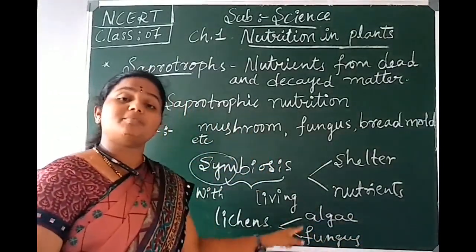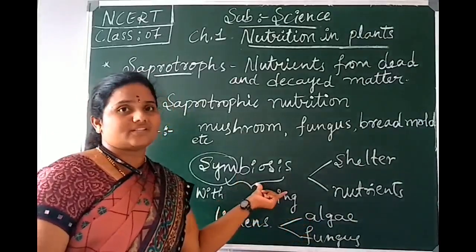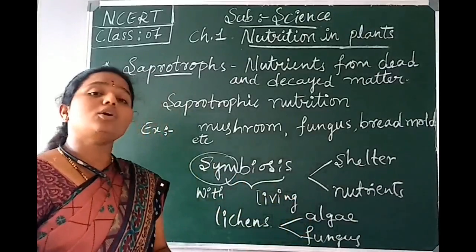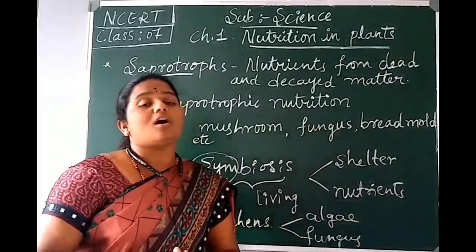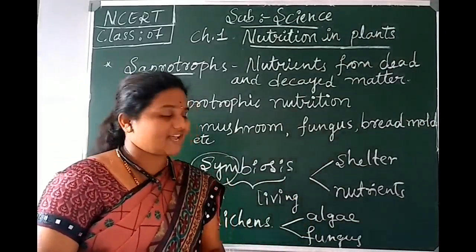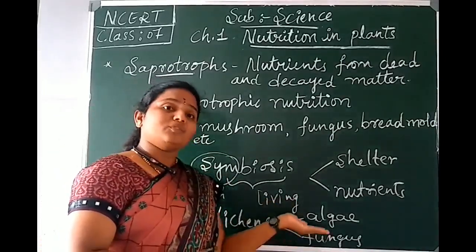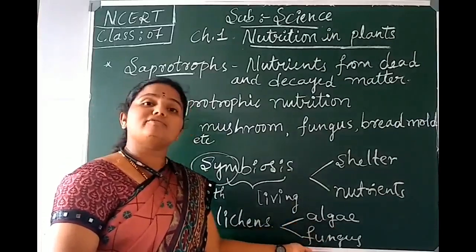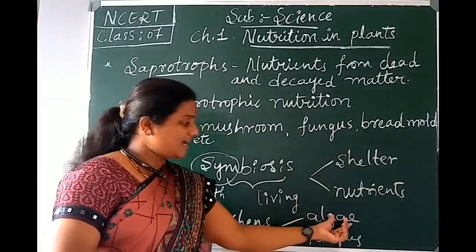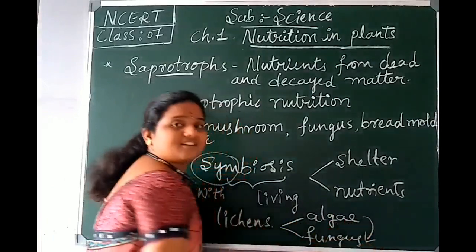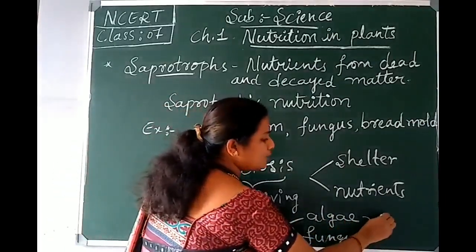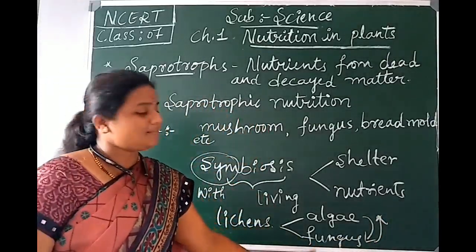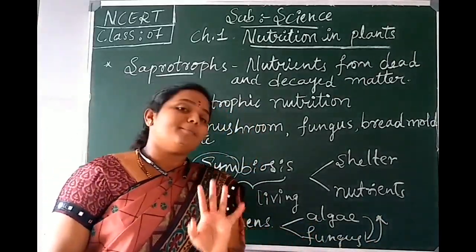Such a relationship is called symbiosis. The organisms which share both nutrients and shelter show symbiosis. For example, lichens. Here, two different kinds of organisms live together, algae and fungus. The algae give food to the fungus, whereas the fungus gives nutrients and minerals to the algae. Both groups of organisms are benefited.